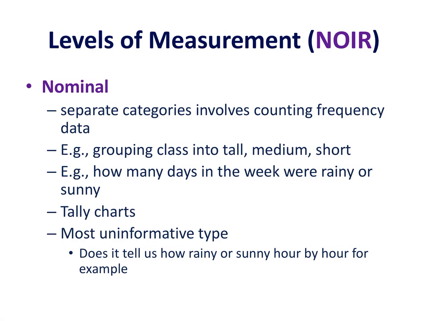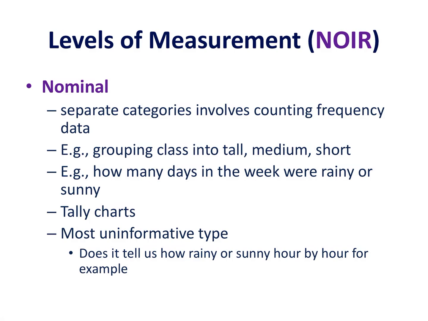And within each of those categories, I had the number of people that classified themselves as tall, medium and short. So let's imagine I've got 7 people in the tall group, 4 people in the medium group, and 10 people in the short group. That is a brilliant example of nominal data. I've got categories, and within each category, I'm looking at frequency, how often something occurs in that category.